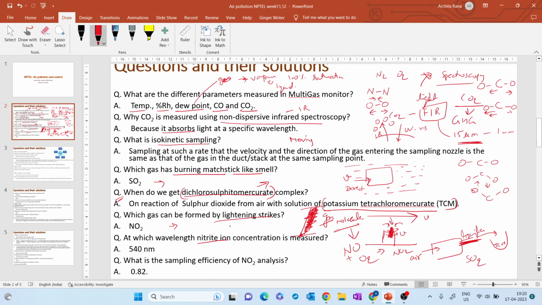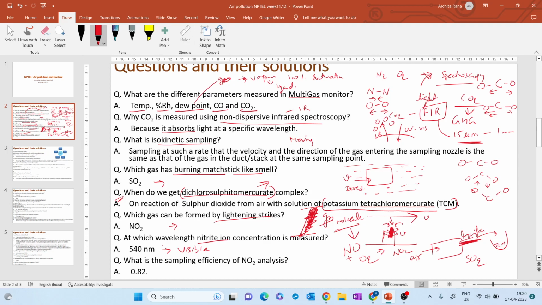Again, this can also be done using spectroscopy, and for that the wavelength is 540 nanometer. 540 nanometer is visible, so you measure nitrite in the visible region, compared to CO2, which we measure in infrared.